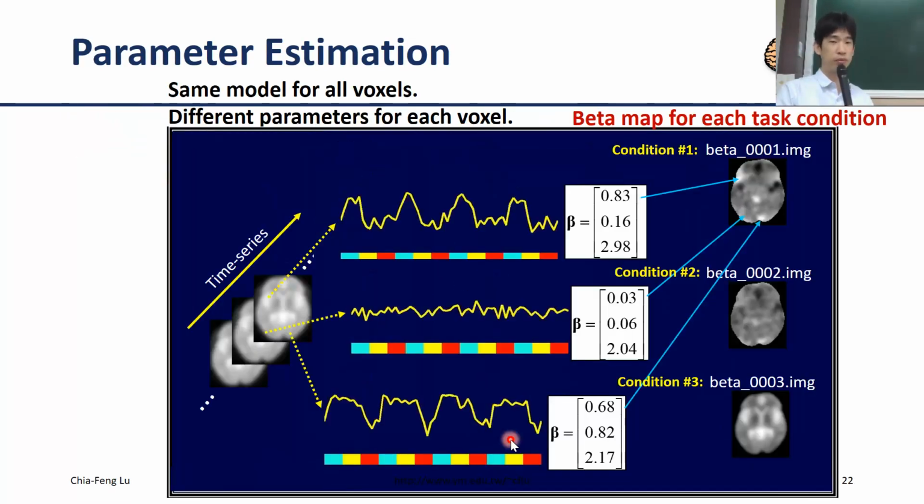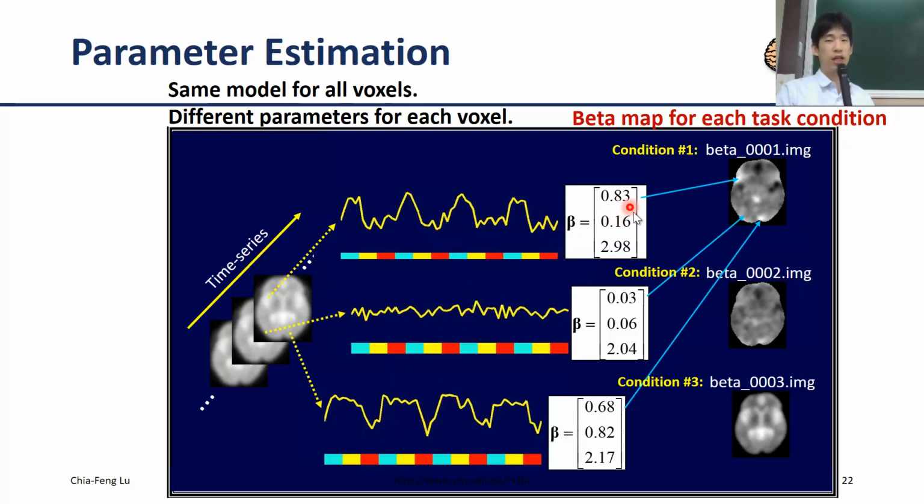Okay. So what you can do is go through all this parameter estimation using the GLM on each voxel, each pixel right here. Every single voxel will have its own BOLD profile. Some may look in this way, or in this way, or in this way.